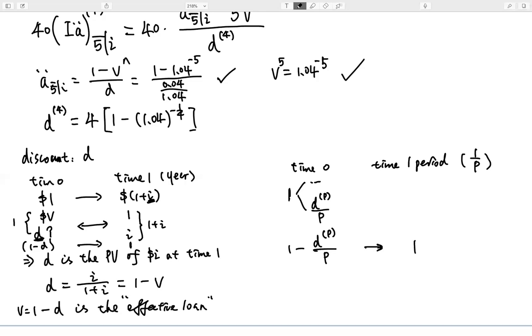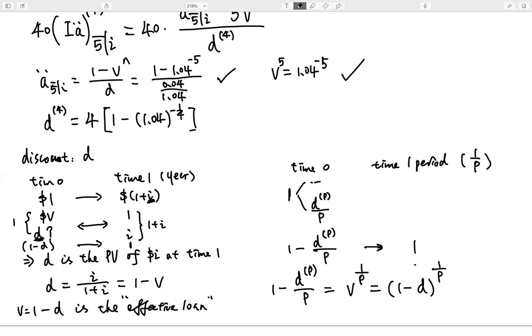Once you have that in mind, if you have $1 down here and you apply the discounting, what would be the value? We discount back by 1 over p period of time, and that means it would be 1 minus d discounted by 1 over p amount of time.